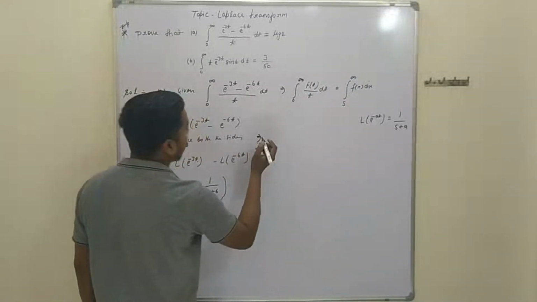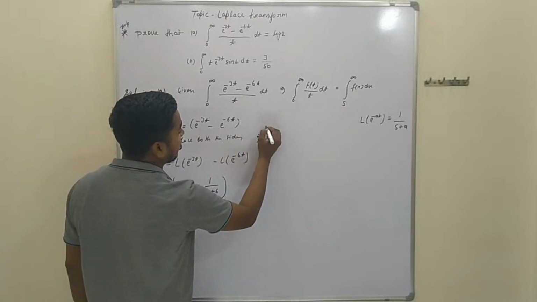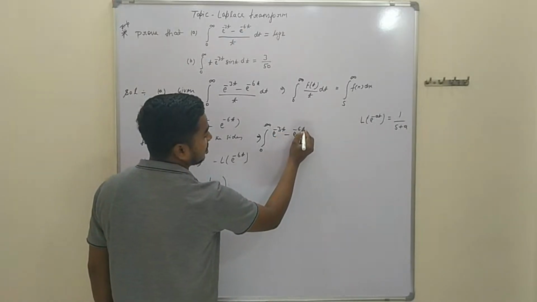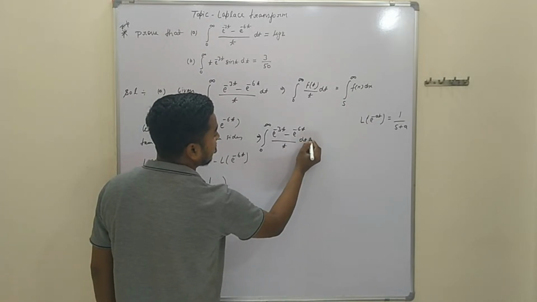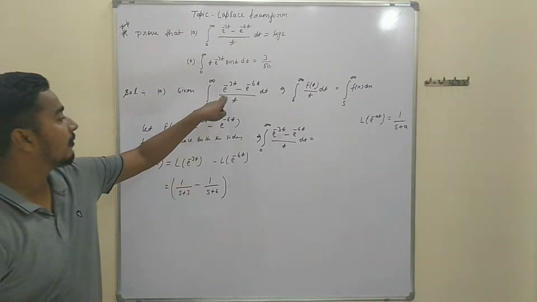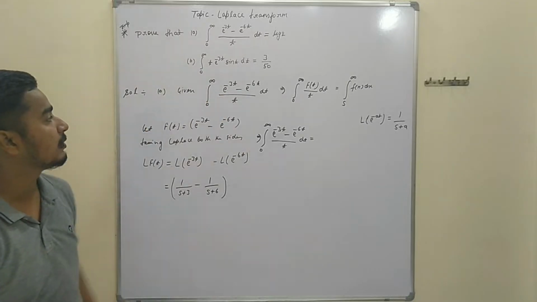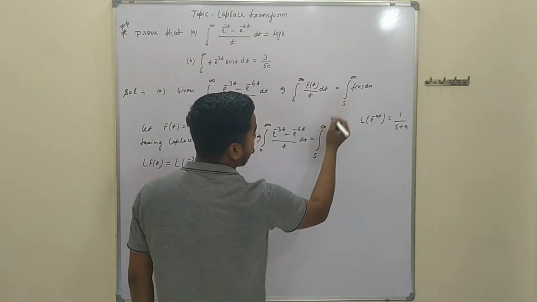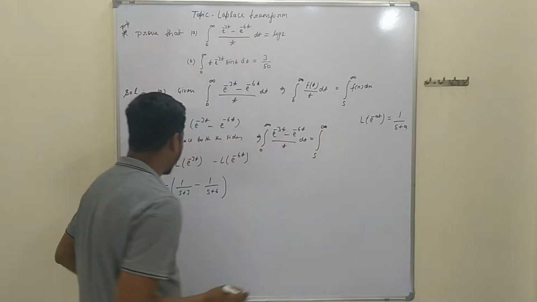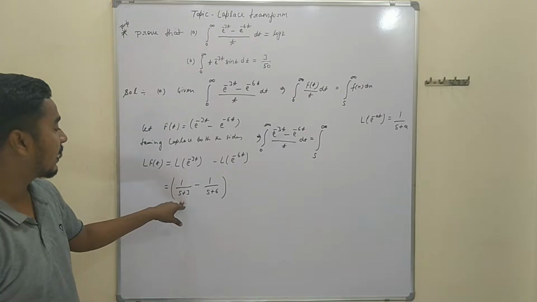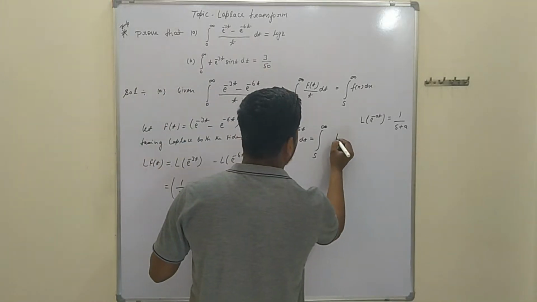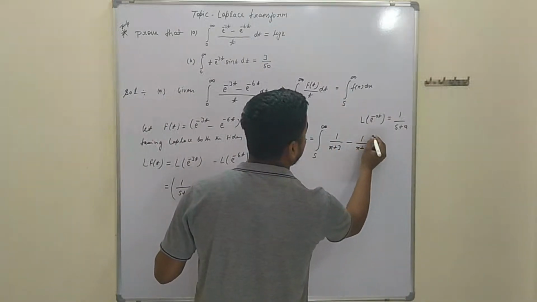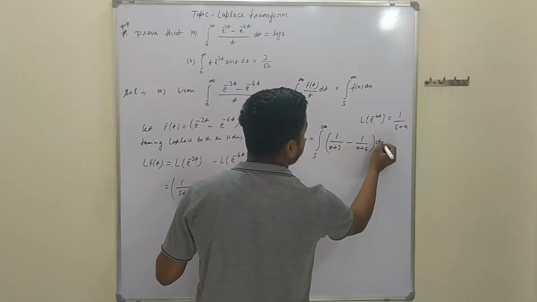So in place of s we put x, and we write 1 upon (x plus 3) minus 1 upon (x plus 6), and here is dx.